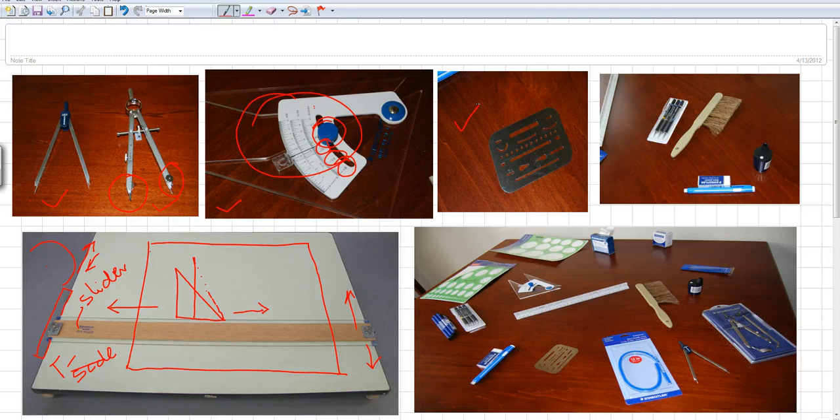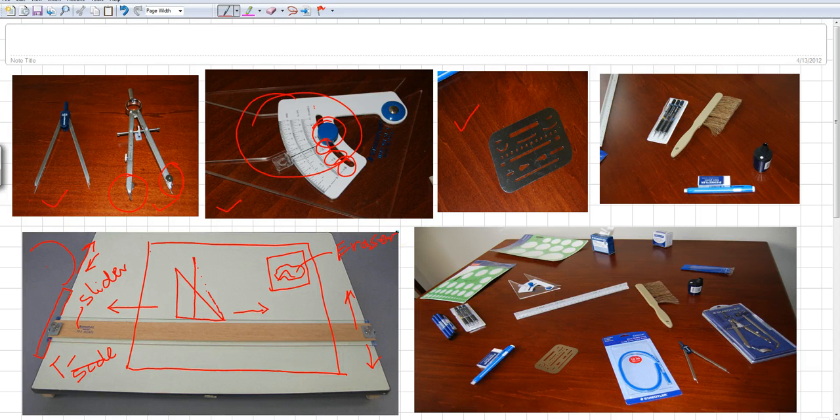This is an eraser template. Now what is this used for is if I have some kind of lines on my drawing which I want to erase, I would put my eraser template, something like that, and line it up with the hole and then erase it using an eraser.